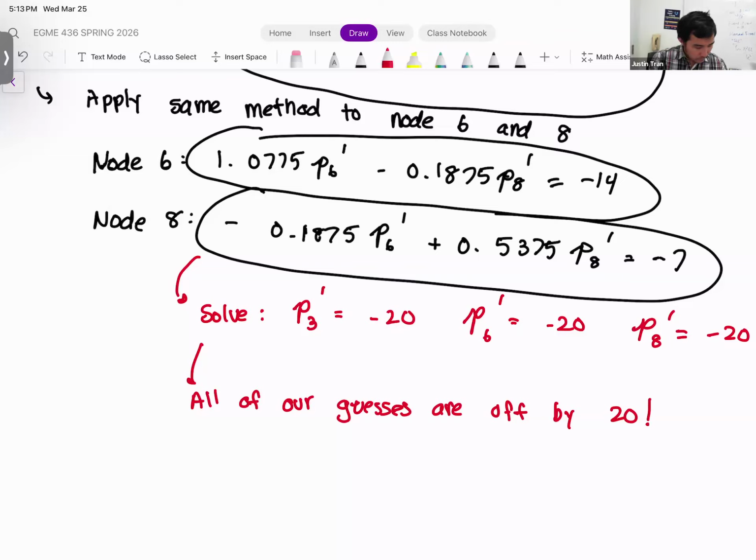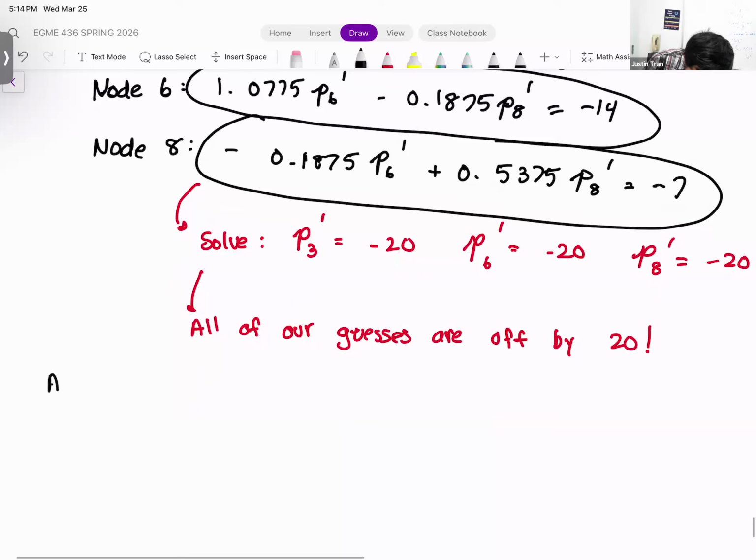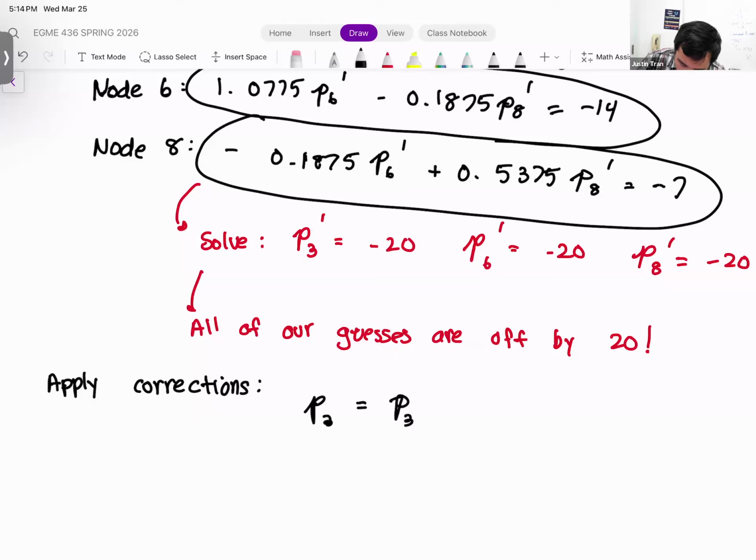Okay. All right, and so last steps here is just to apply our corrections. Okay. And so P3, the true value, is going to be P3, our initial value, plus P3 prime. Okay.